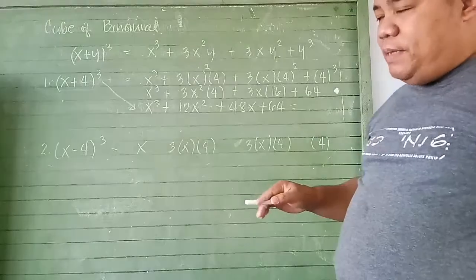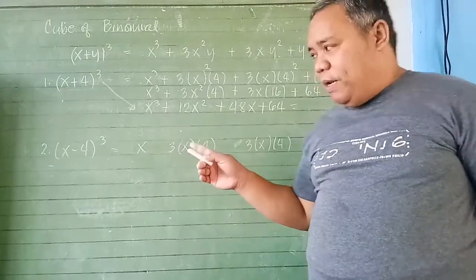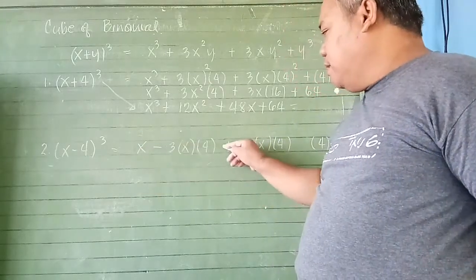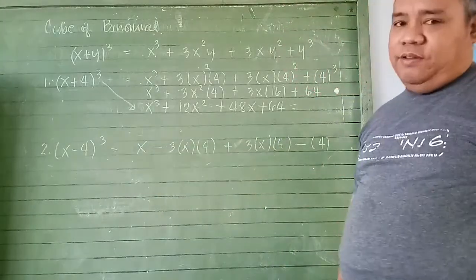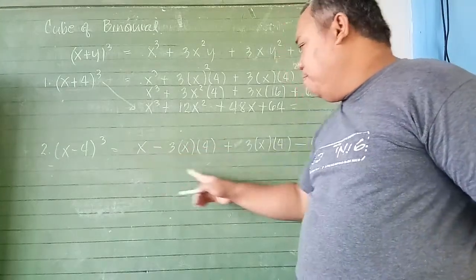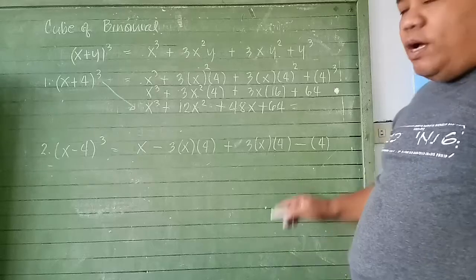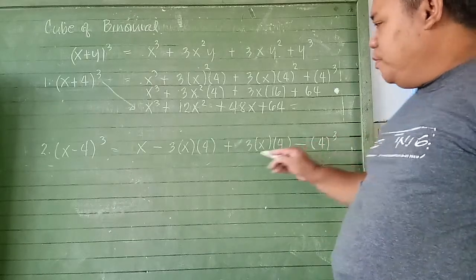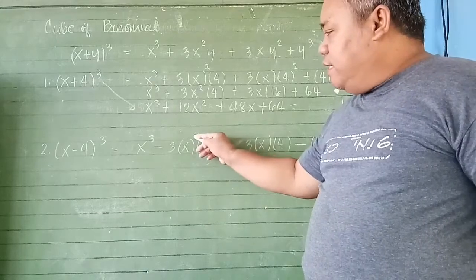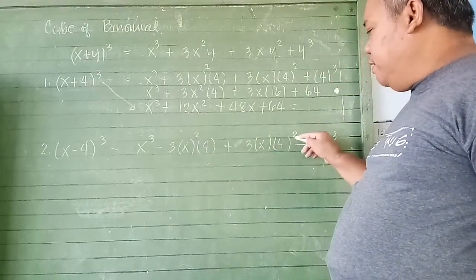Now, sabi ko diba, if it's a negative or minus ang operations, it's alternating. Positive here, negative, positive, negative. So that is alternating ha. So again, you cube the last term, you cube the first term. You square x here, and you square the second term here.